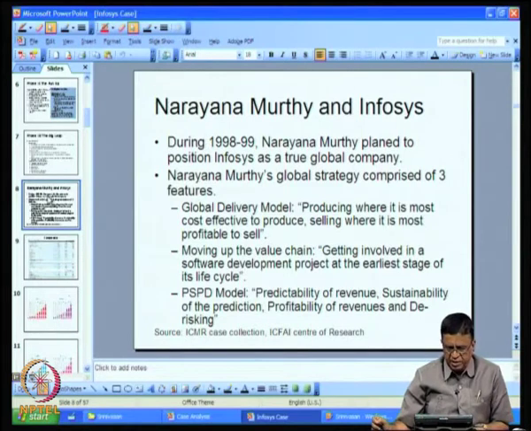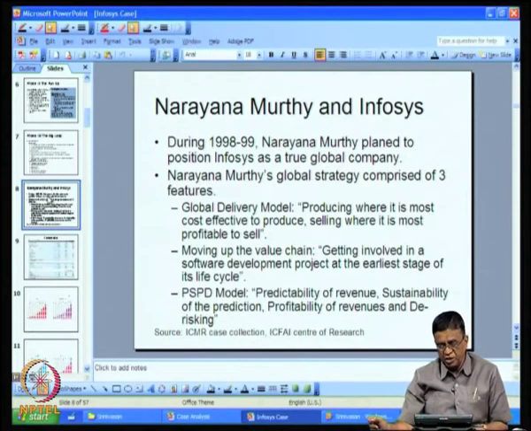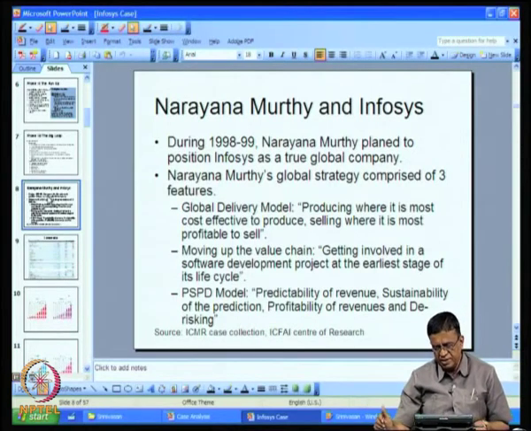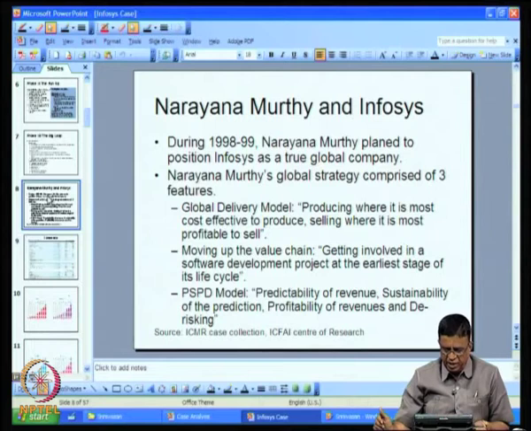He looked at three features of global strategy, that is a global delivery model, producing where it is most cost effective and selling where it is most profitable. Then the second feature was to move up the value chain, that is getting involved in a software development project at the earliest stage of its life cycle.